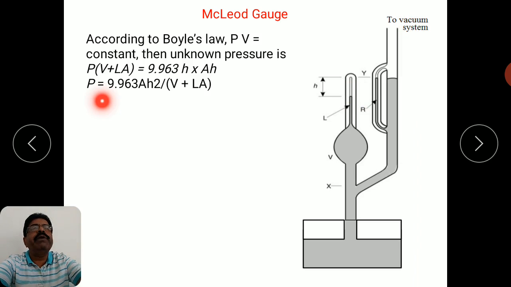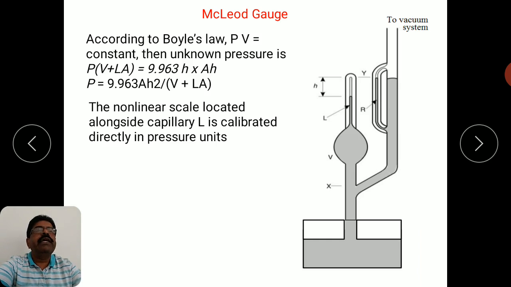That will help us to measure the unknown pressure, that is the vacuum pressure here. So the vacuum pressure P will be equal to, taking V plus LA to the other side, this term divided by V plus LA: 9.963 AH into H divided by V plus LA. That will be the actual pressure that we want to measure here.